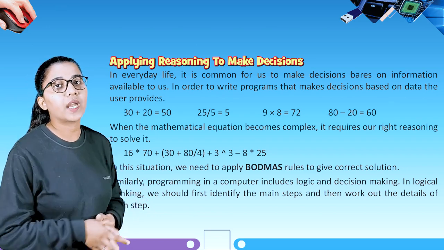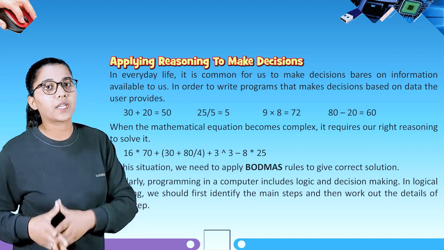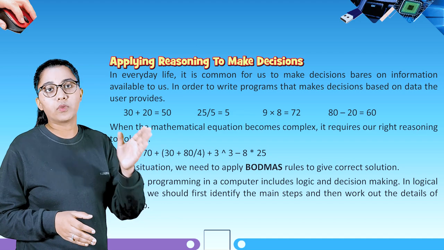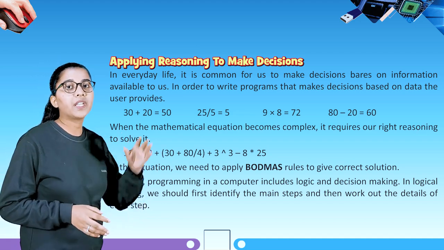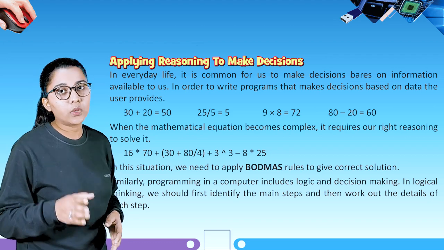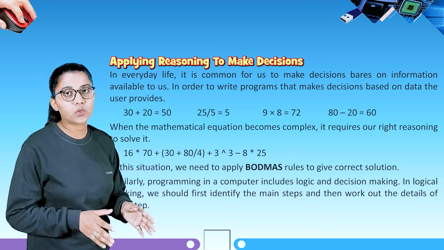In order to write a program that makes decisions based on data, the user provides 30 plus 20 is equal to 50, 25 divided by 5 is equal to 5, 9 into 8 is equal to 72, and 80 minus 20 is equal to 60.